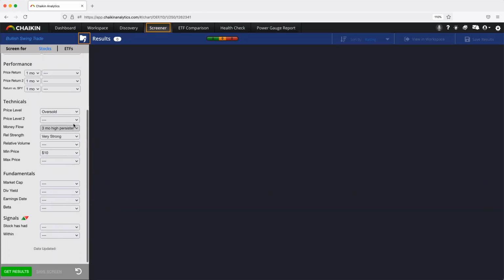Then from there, we drop down to the technical section. We're focused really on the items that typically live on the charts in Chaikin Analytics and are part of our checklist. So given that this is a swing trade screen looking for tactical entry points possible today or maybe over the next couple days, we choose price level oversold, as we want oversold stocks.